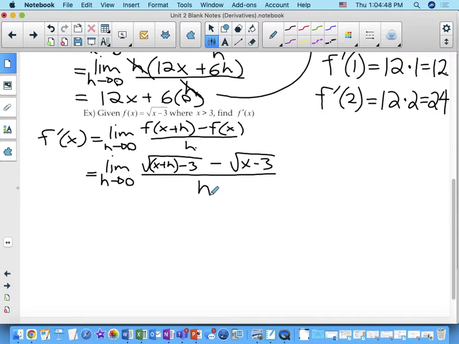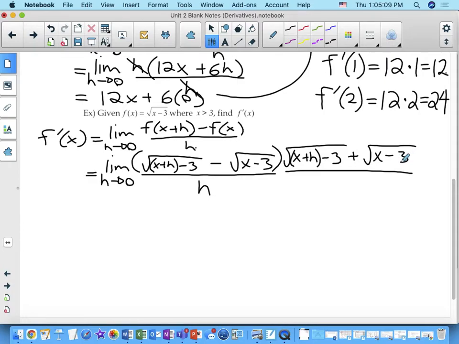Yeah, conjugate. Multiply by the conjugate. So we're going to multiply by this conjugate, the square root of x plus h minus 3 plus the square root of x minus 3, over the square root of x plus h minus 3 plus the square root of x minus 3.